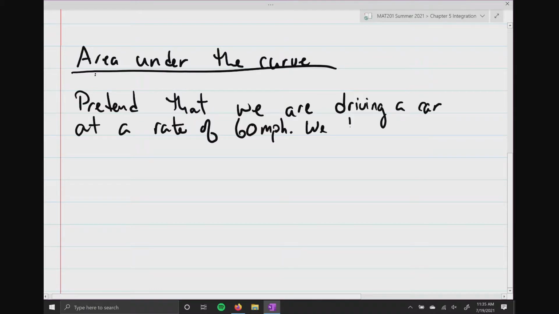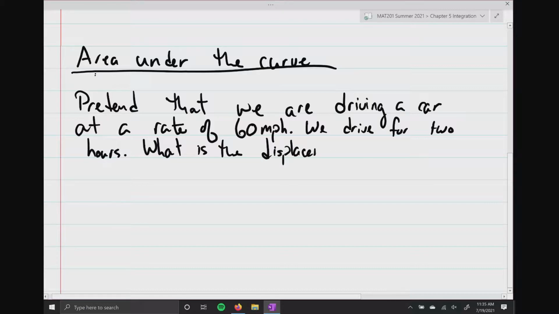We drive for 2 hours. What is the displacement? Very, very simple problem here. In fact, you can do this in your head. We know distance or displacement equals rate multiplied by time.